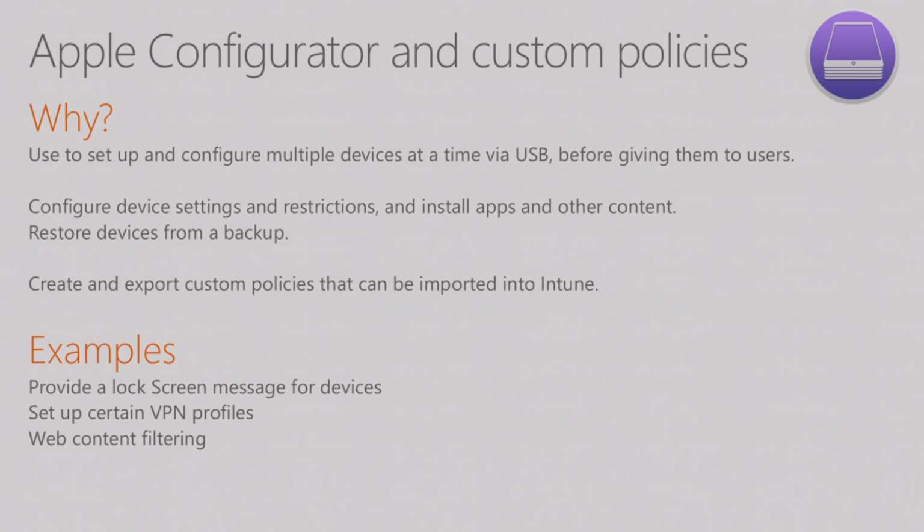If you need to get those now and use them right now, you can use Apple Configurator to set up some of that and then deploy it to your users through what we call custom configuration policies, which we're going to see right now. Examples are certain VPN type of profiles or settings that we don't necessarily support directly through our UI, or setting up web content filtering in some ways, or a global proxy. Let's see what that looks like.